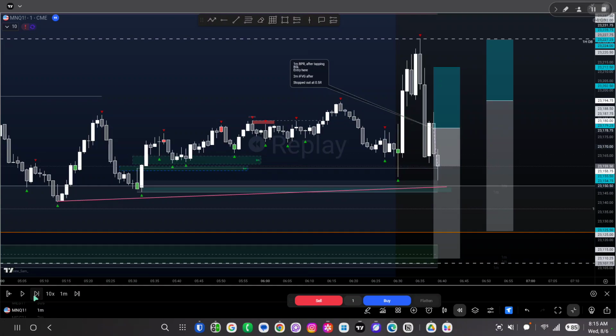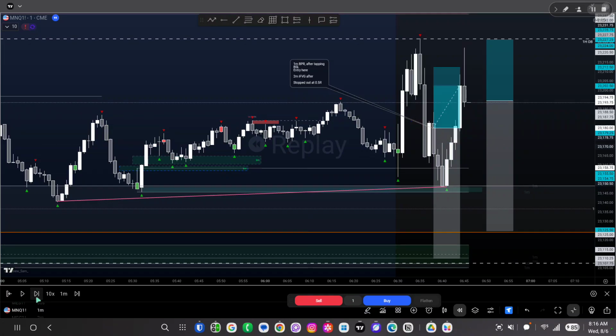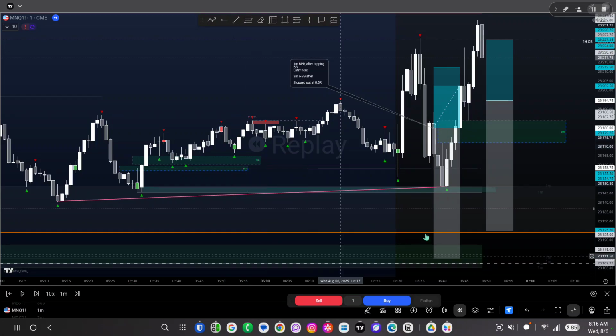And so it looked like it was going down, only for it to tap the last S&D of the move, and push higher, stopping me out. I think at this point I should have known that this was going to be bullish.